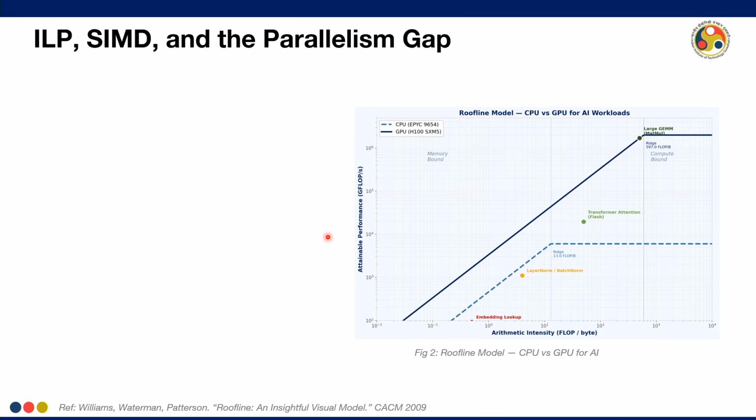Throughput is the number of operations performed per unit time.